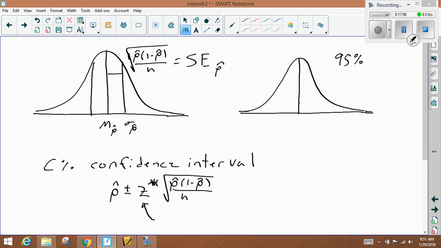Essentially, if we're going to do it for 95% confidence, we're saying that the true proportion is captured within this interval, right?